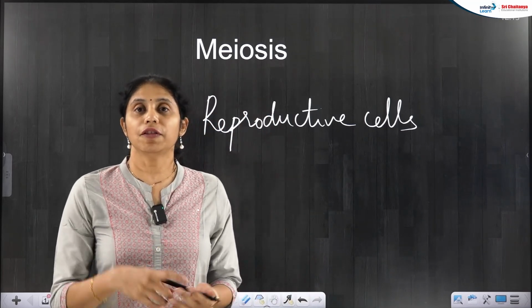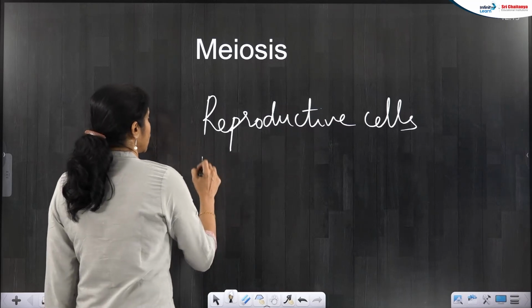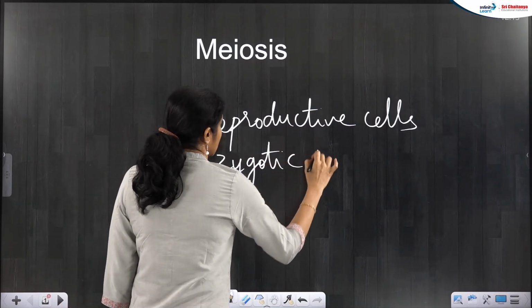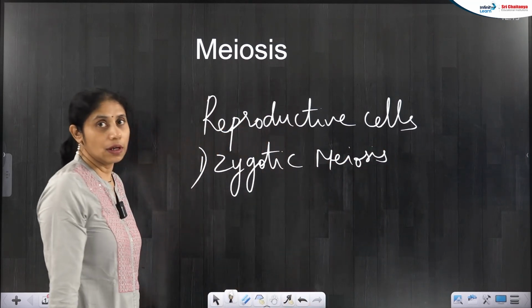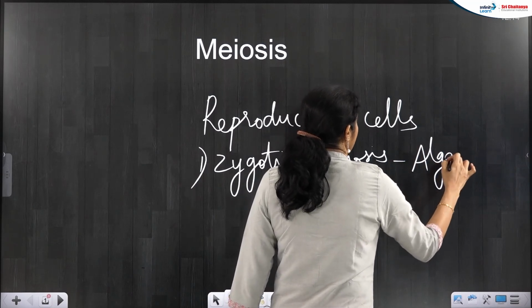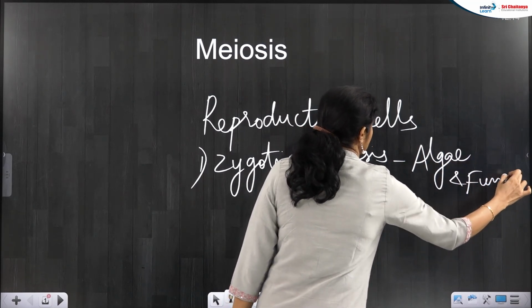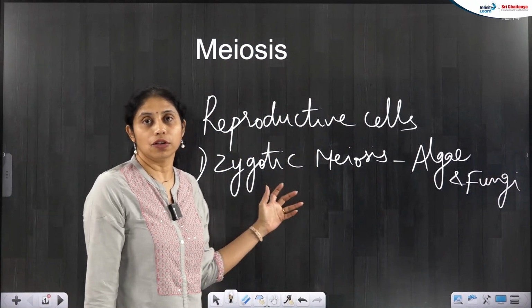If meiosis happens in the zygote, it is called zygotic meiosis, which is present in primitive organisms like algae and fungi.